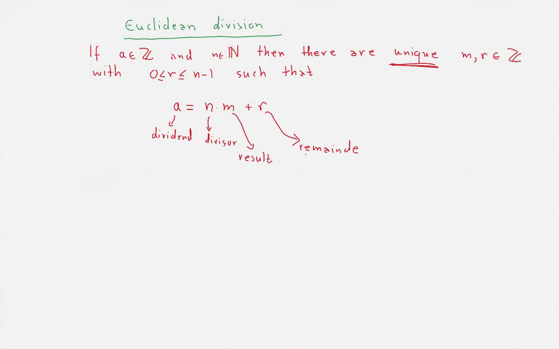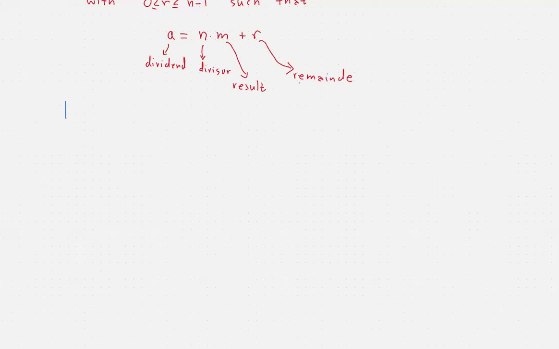The classical way of doing this is to consider the set A minus N times T, such that T belongs to Z, and A minus NT is greater than or equal to 0.